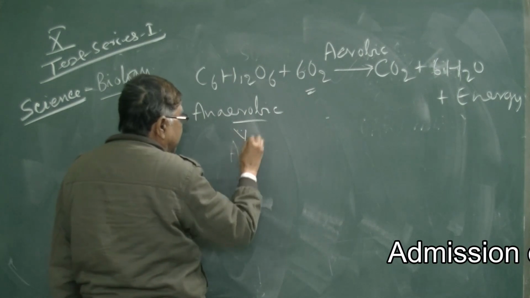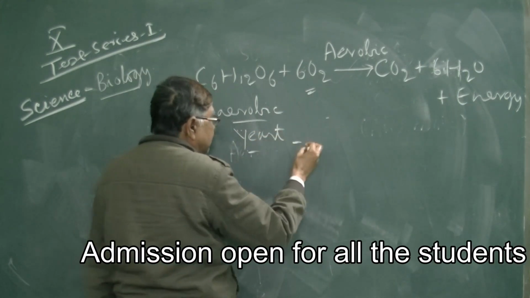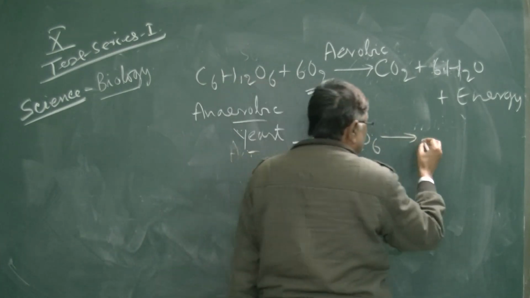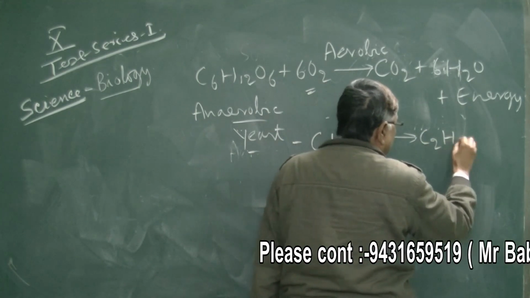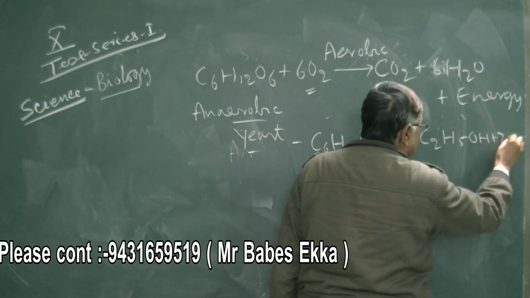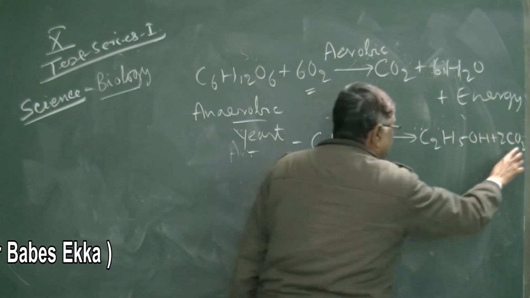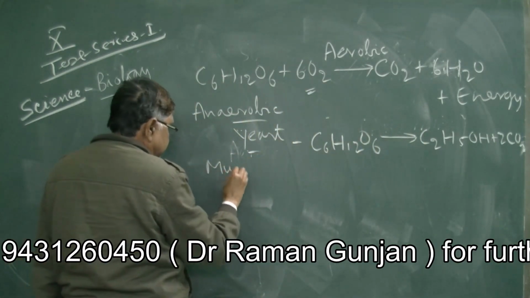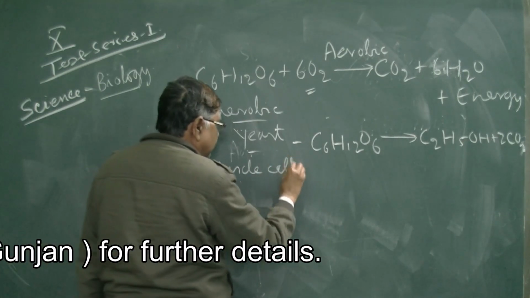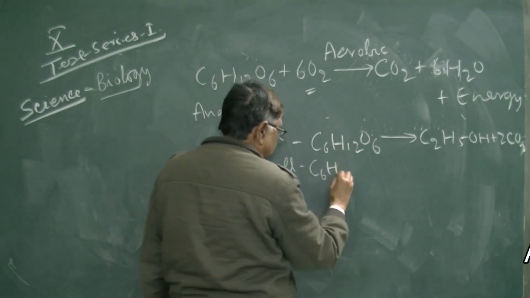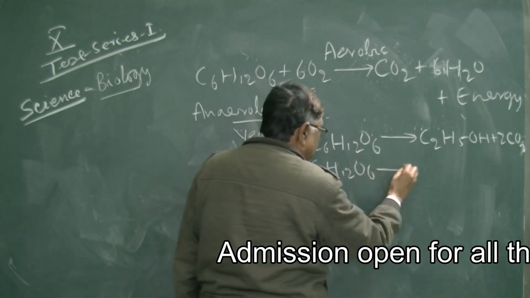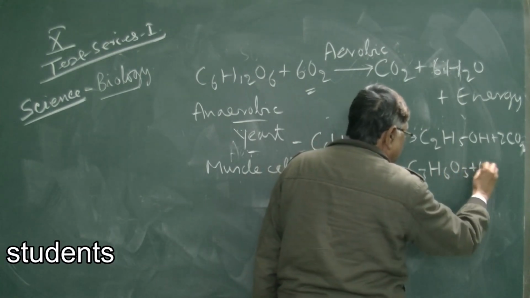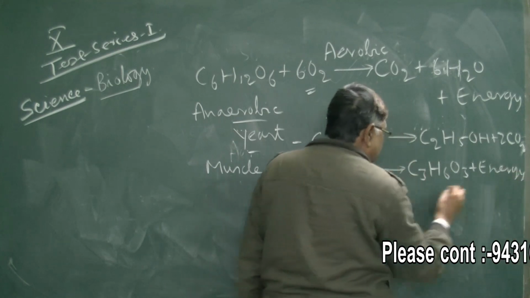In yeast, fermentation takes place like this one, forming CO2, and in muscle cells here lactic acid will be formed.